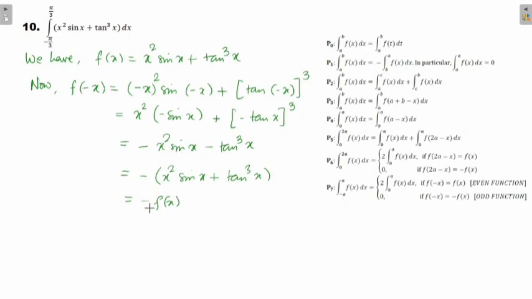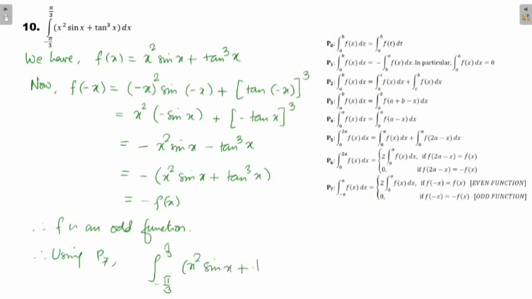Again it is satisfying the second case, therefore f is an odd function. So again using P7, the integral from minus pi by 3 to pi by 3 of x square sine x plus tan cube x dx will be equal to 0. So this will be my answer. You may pause the video and note down your solution.